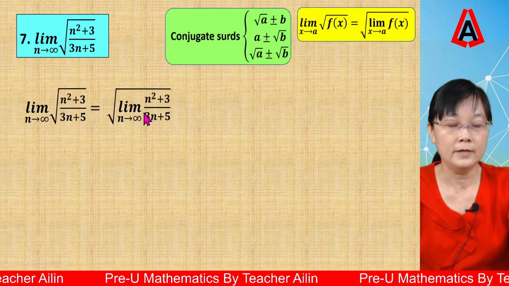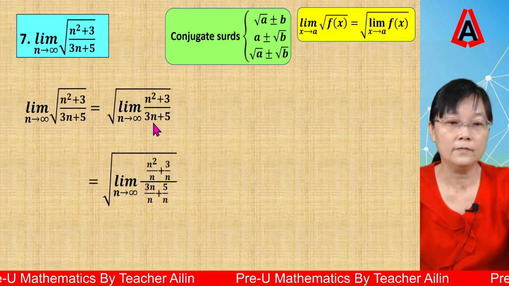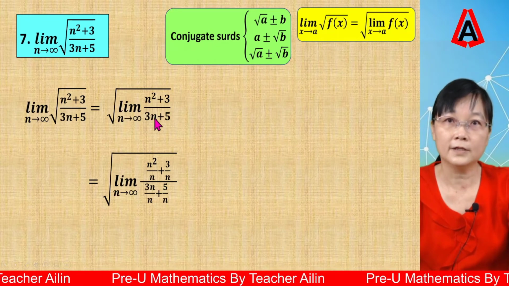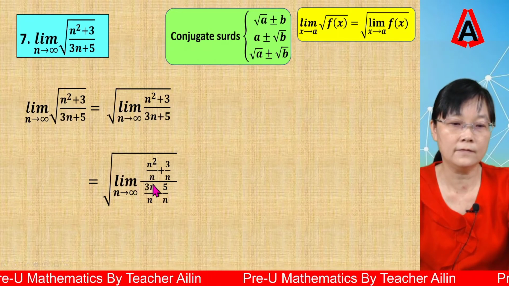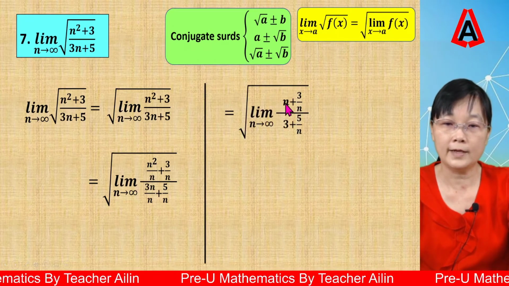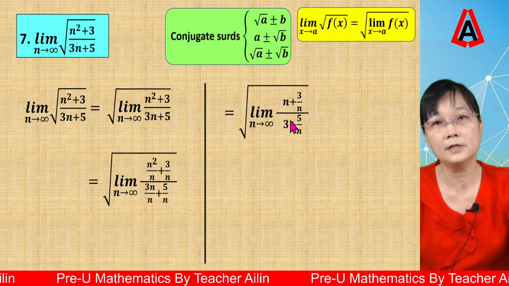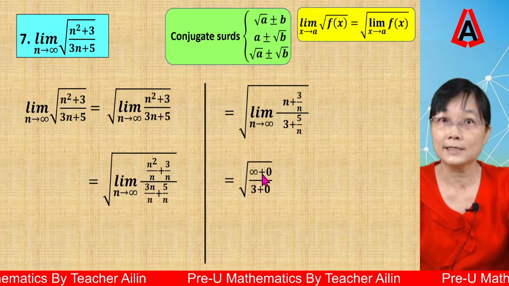To find the limit, now I'm going to divide each term by the highest power of n of the denominator, that is n. So I divide each term by n, and when I simplify, I get something like this. Now I substitute n with infinity for the second time.